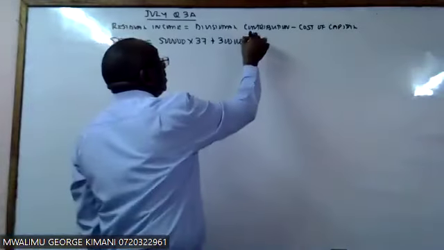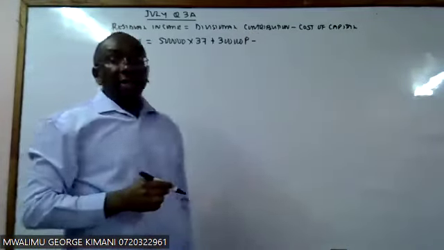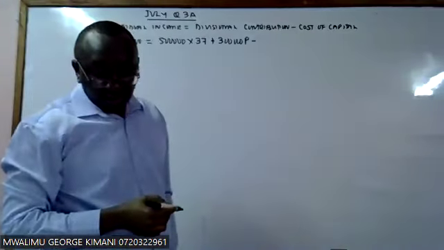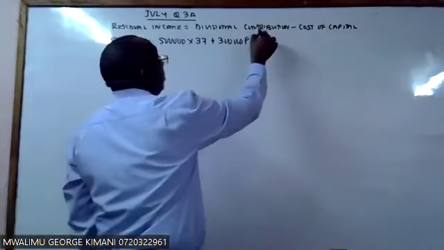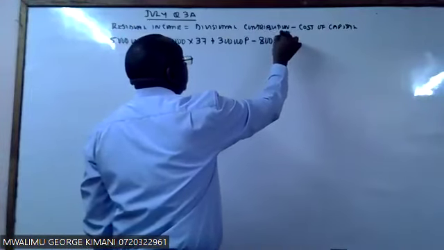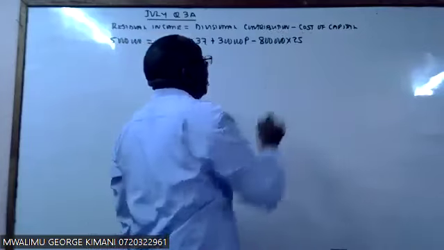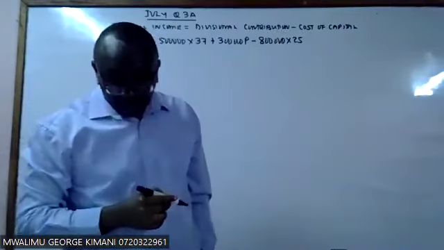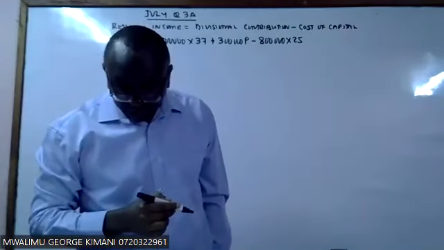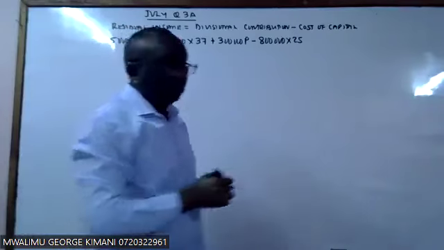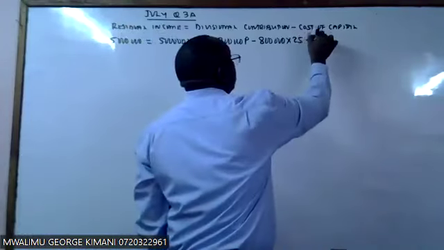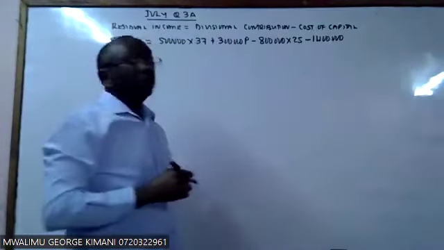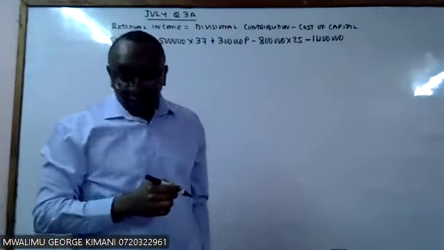Then you minus the variable cost. We're just computing the profit. So the variable cost is for each of these 800,000 units, you multiply by 25. Then we are told there is a fixed cost of 1.4 million.